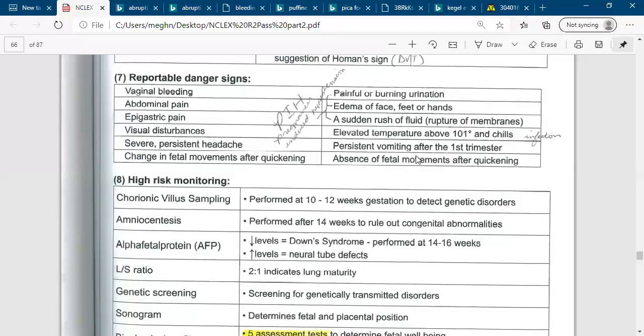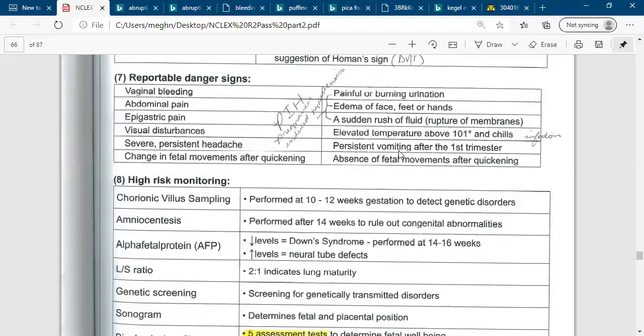We know that vomiting or morning sickness is common in the first trimester, but if it continues after the second or third trimester, definitely it is abnormal and the mother has to talk to the healthcare provider. So persistent vomiting is not good.